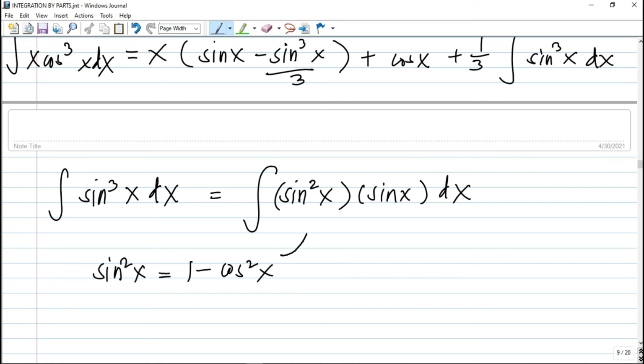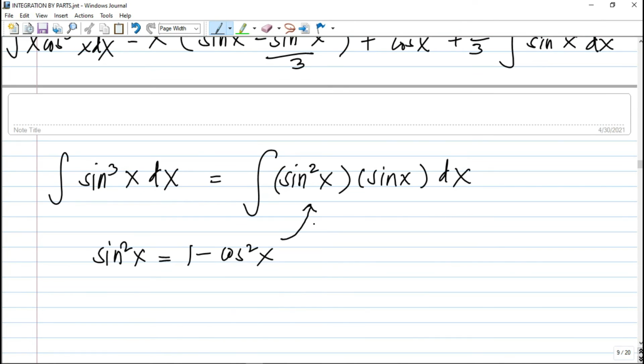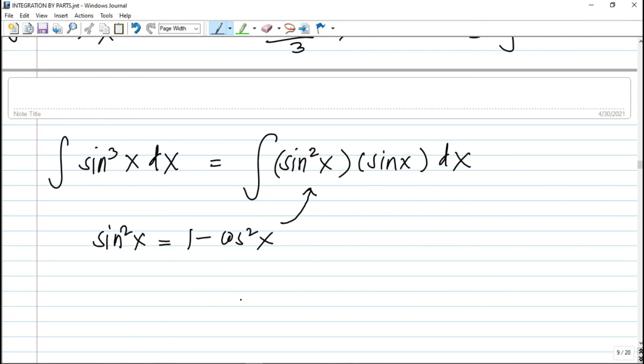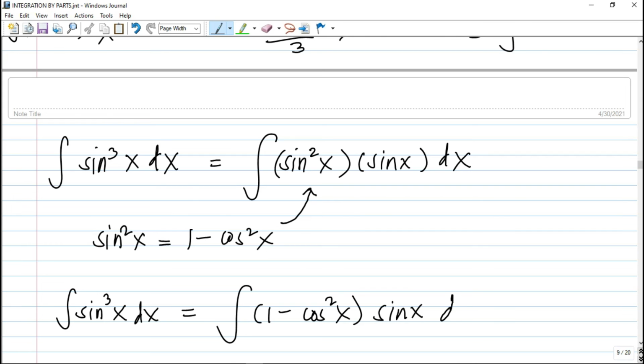Then we just substitute that here. Kailangan natin magkaroon ng cosine para ma-integrate natin yung sine by using your power rule. So integral ng sine cube x dx equals integral ng 1 minus cosine squared x times sine x dx.